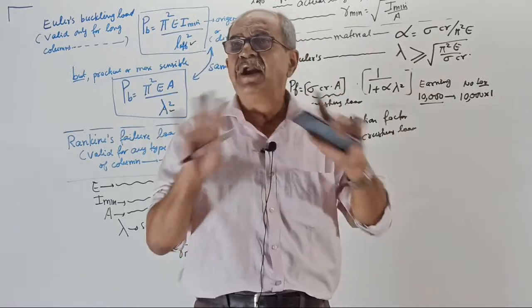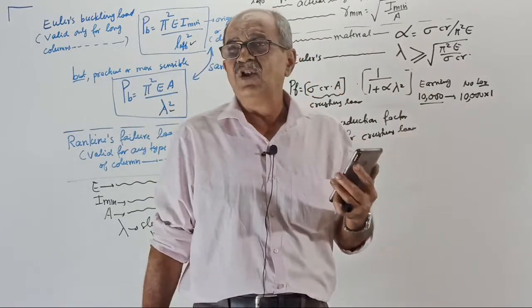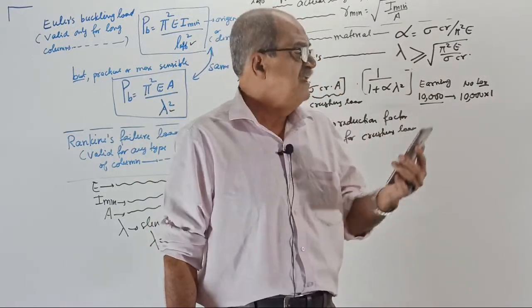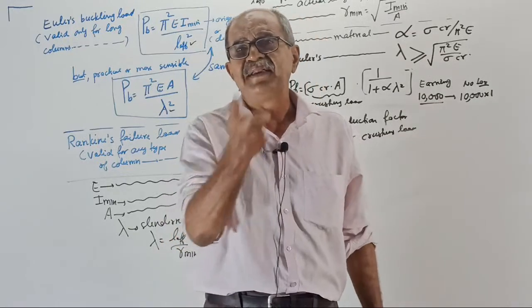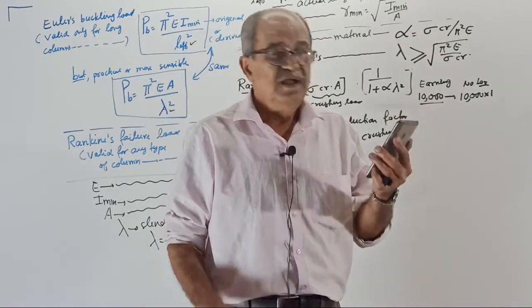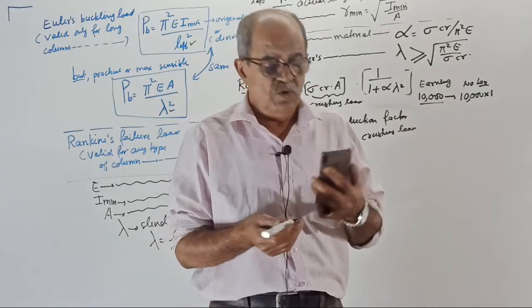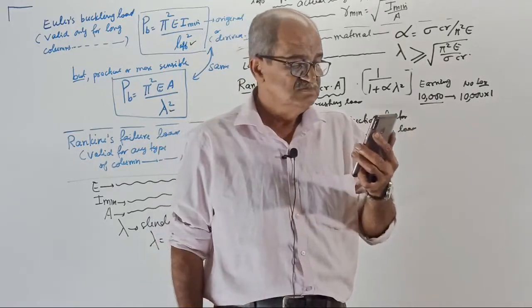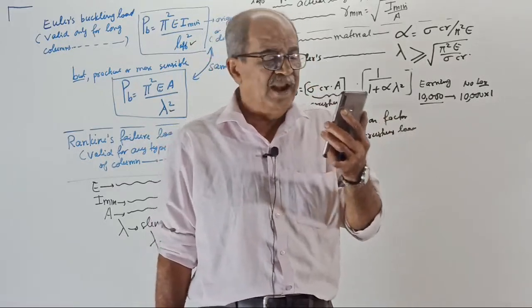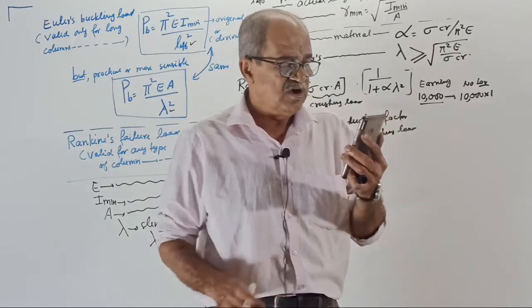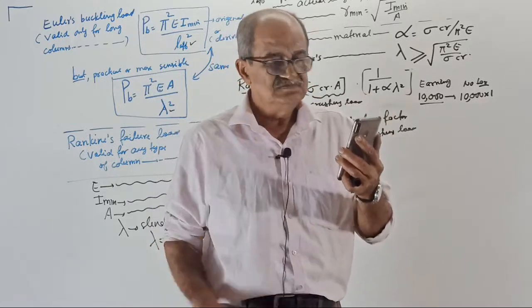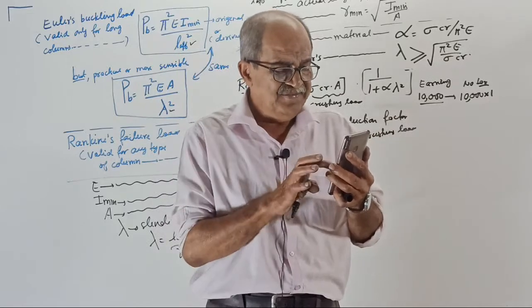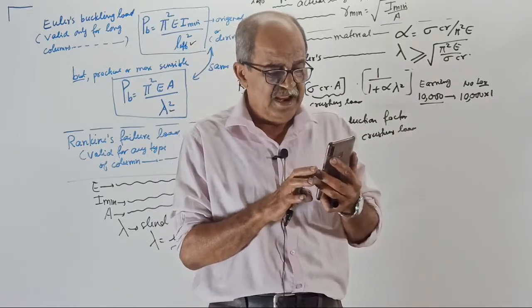When there is no reduction, the reduction factor is 1. It is not 0. Don't think 0. No reduction, into 1. Clear or not? Into 1. If you say clear, okay for me, I will be convinced.